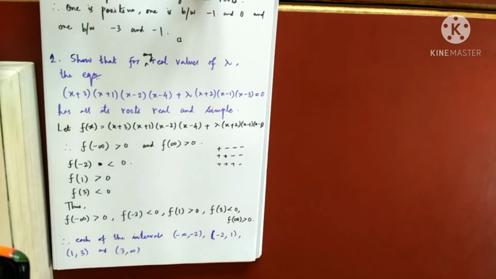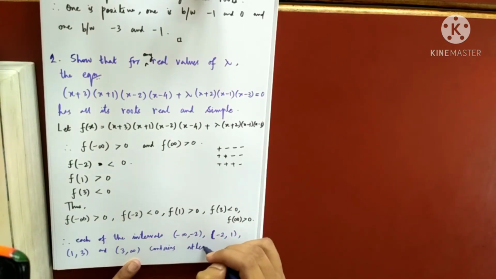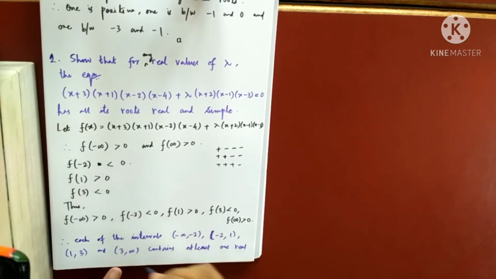So each of these intervals contains at least one real root of f of x equals 0. Right?